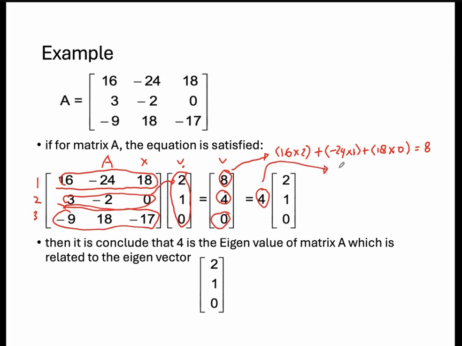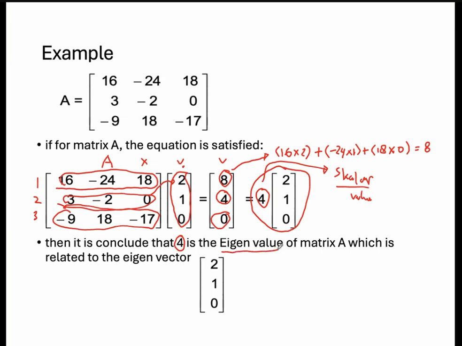Okay. And if you remember the rule of scalar multiplied with a vector, we get the values in this new matrix. And we have a scalar value, ya kan, we call it the eigenvalue.